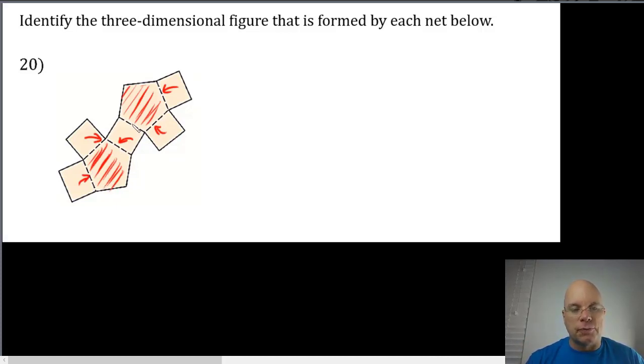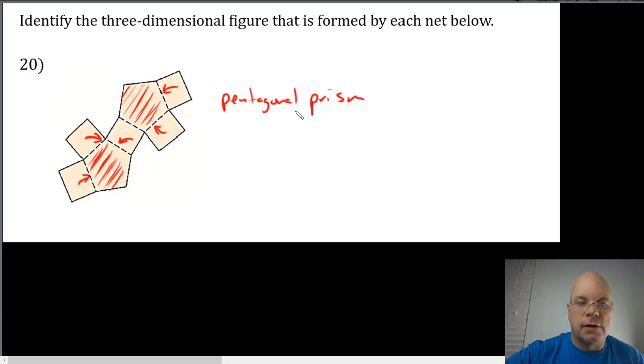And so, if you have a pair of parallel and congruent bases, you have a prism. And then the name of the prism is the name of the shape of the base, and the base is a pentagon, so it's a pentagonal prism.